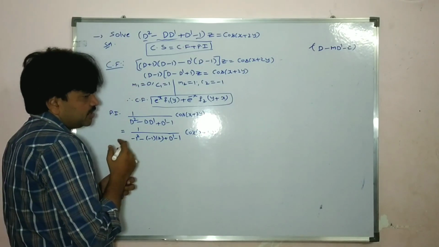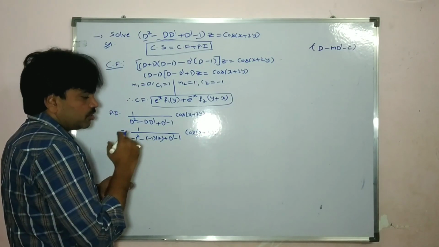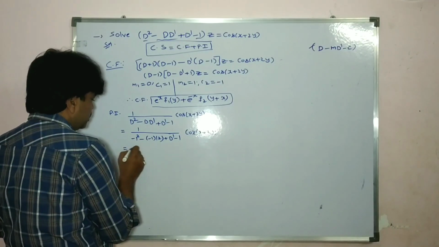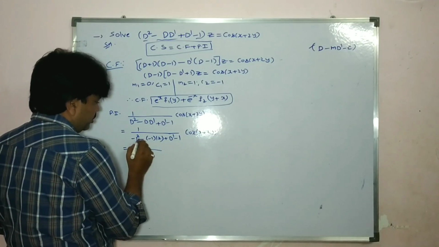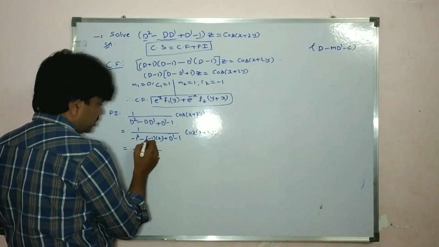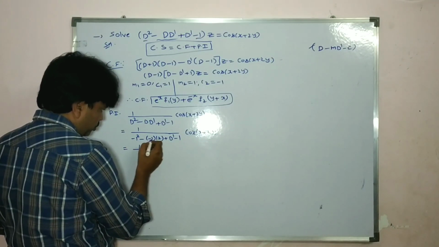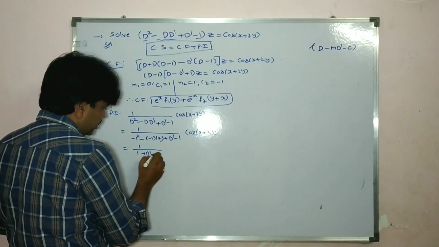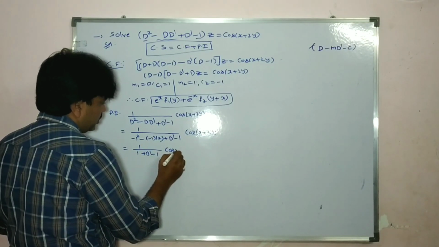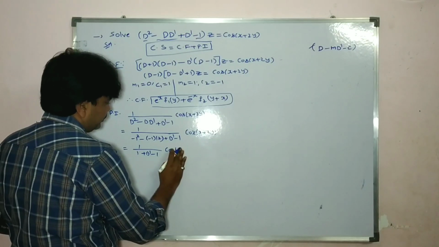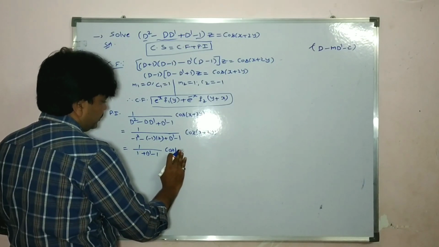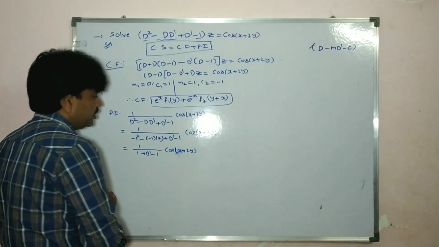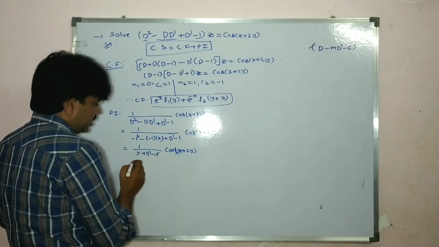Because we know whenever there is a square, then only we can replace. If there is d dash, we cannot replace. So that is equal to 1 by (minus 1 minus into minus, plus 2, minus 1, plus d dash minus 1) cos of x plus 2y. Now minus 1 plus 1 cancel here.